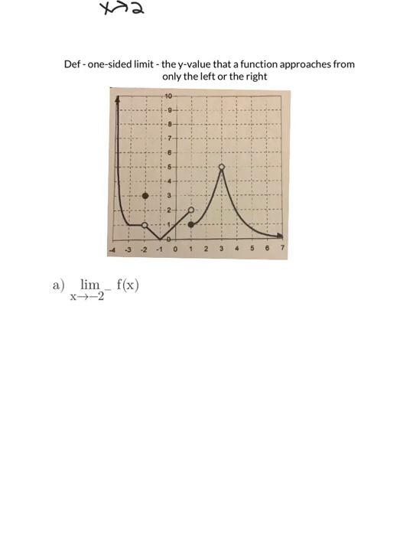When you look at example A, the limit as x approaches -2 is the same thing that we have been talking about. That superscript after the 2 means that you are approaching -2 from the left.